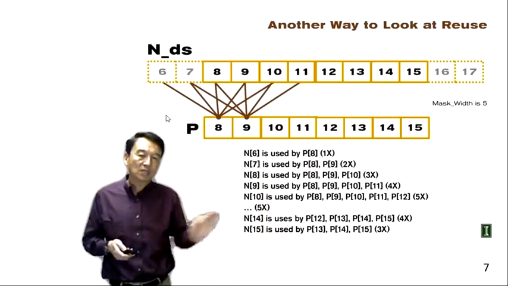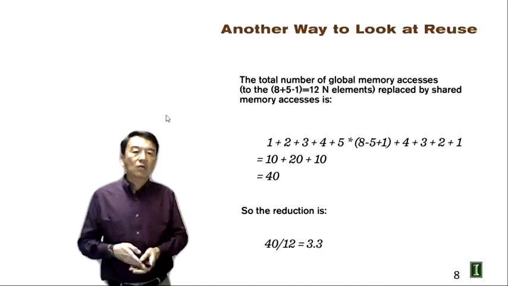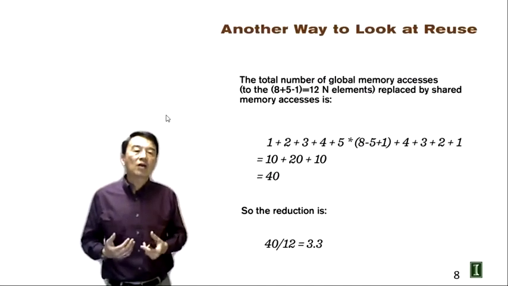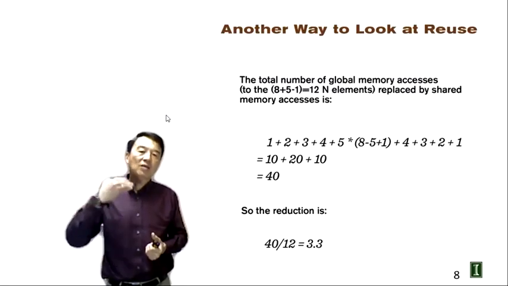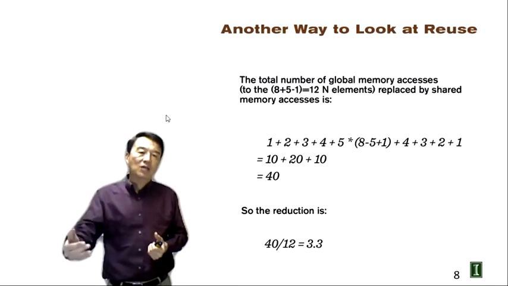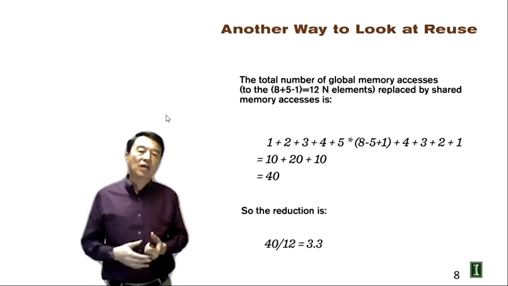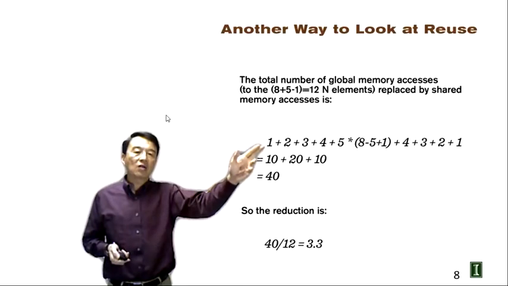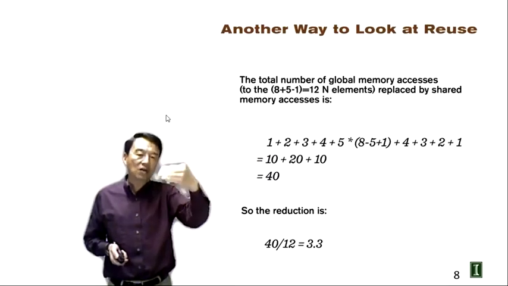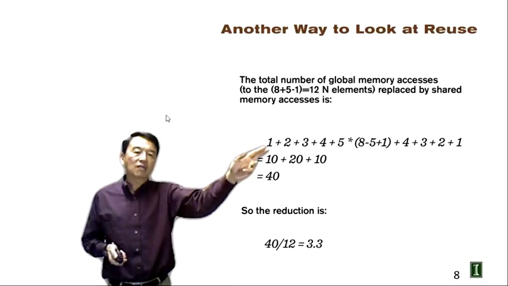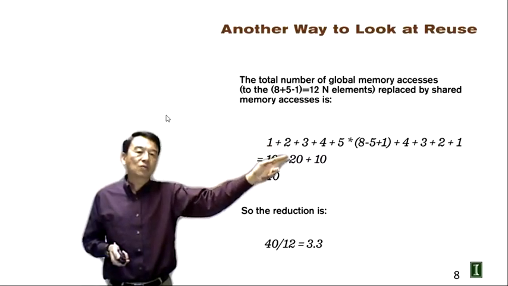So you can see that this is an increasing series, and then there's a plateau, and then there's a decreasing series. We can calculate the total number of global memory accesses that would have been made for the input elements but converted into shared memory accesses by calculating these uses of the input element by the calculation of the output. So we can add up all these uses of the input element, and this gives us 1 plus 2 plus 3 and so on.